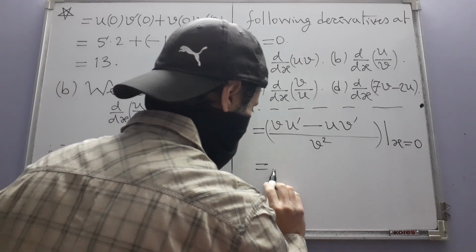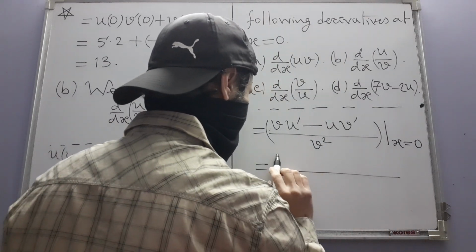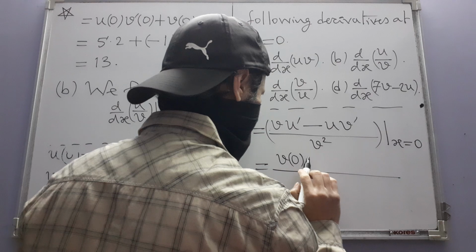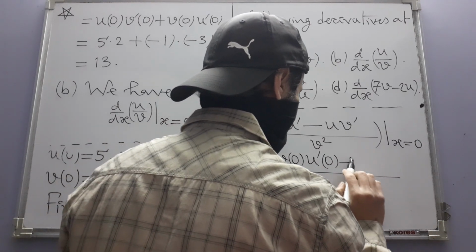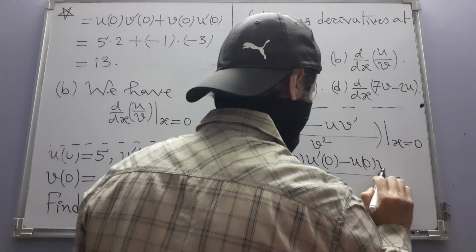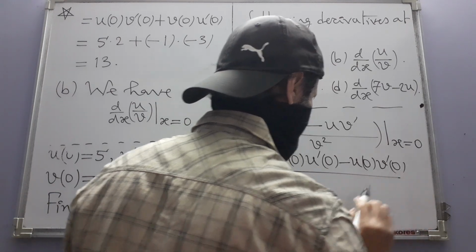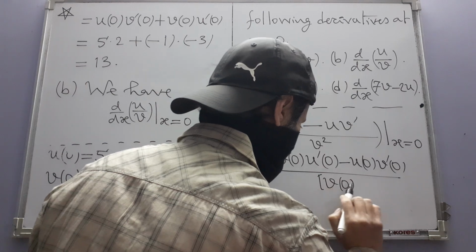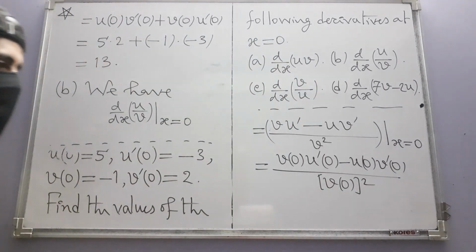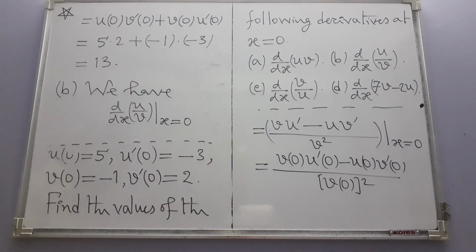So this means v of 0 u prime of 0 minus u of 0 v prime of 0 divided by v of 0 square. Okay.